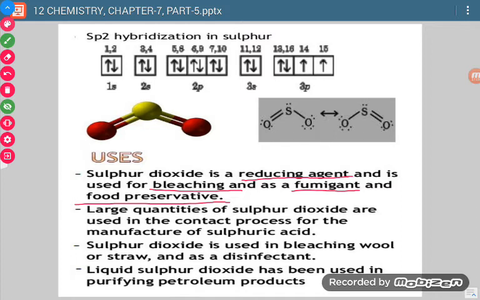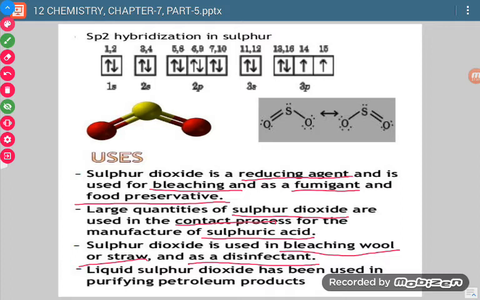Large quantities of sulfur dioxide are used for the preparation of sulphuric acid in the contact process. Sulfur dioxide is used in bleaching wool or straw and as a disinfectant. So in place of chlorine, in some places it can be used as a disinfectant.